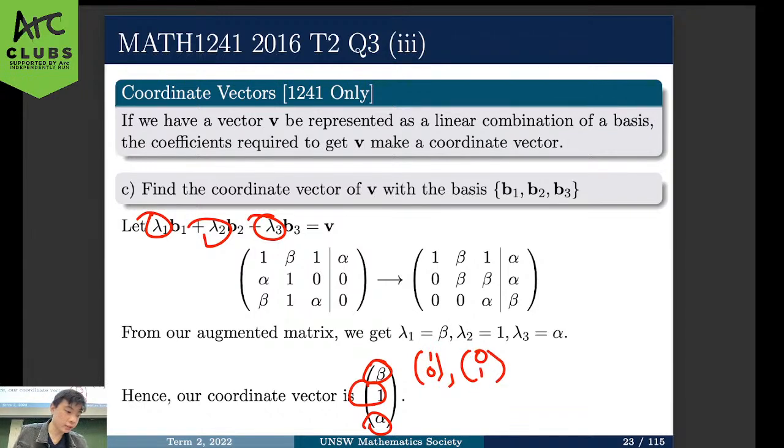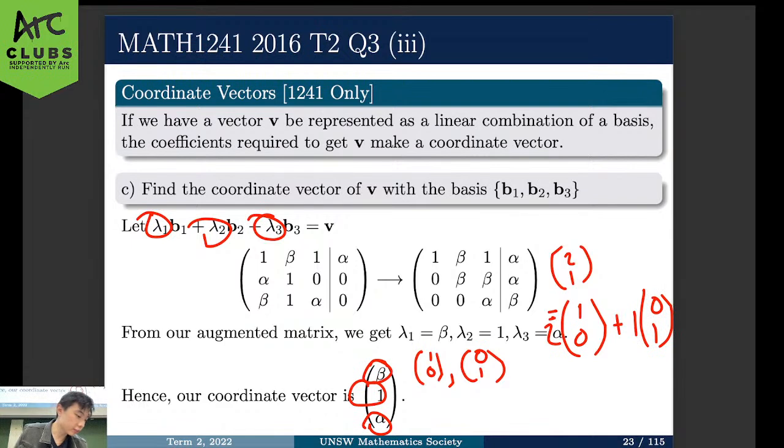And if we have 2 and 1, then we know that that's equal to 2 times 1, 0 plus 1 times 0, 1. And this is how we actually derive our coordinate vectors, because it takes 2 of the first vector and 1 of the second vector to make up this vector.